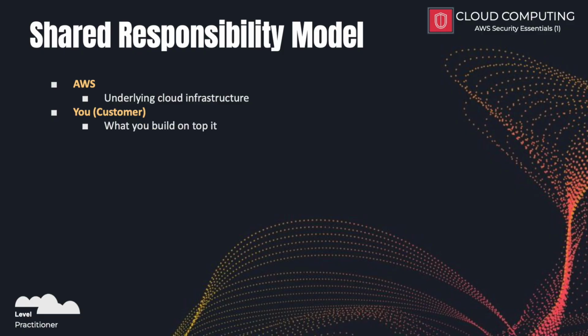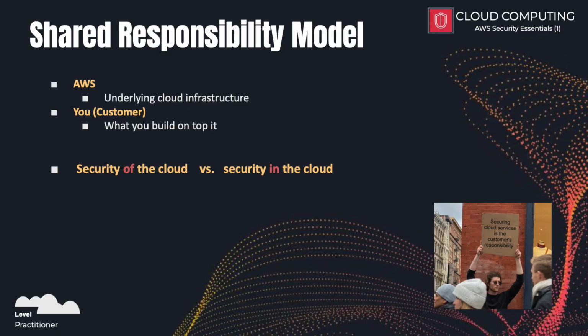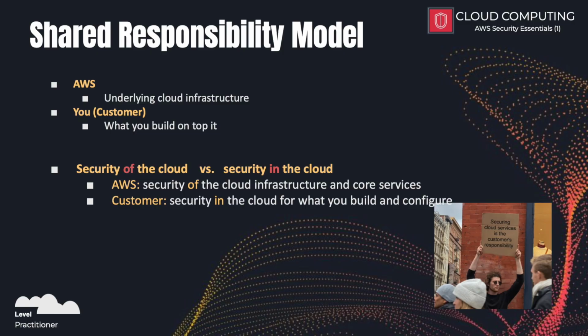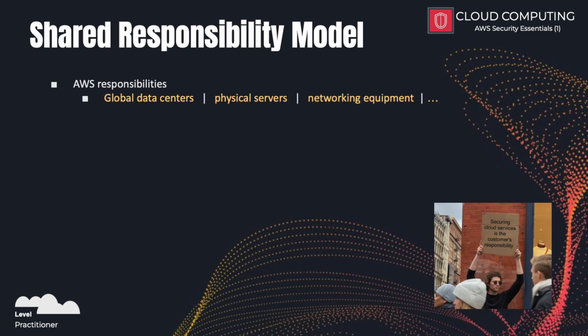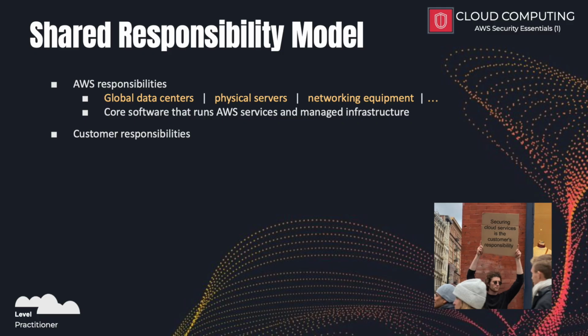You'll often hear this summarized as: AWS is responsible for security of the cloud, and you're responsible for security in the cloud. Security of the cloud includes AWS's data centers, physical hardware, networking equipment, and the core services that run AWS. And security in the cloud is everything you configure and control.